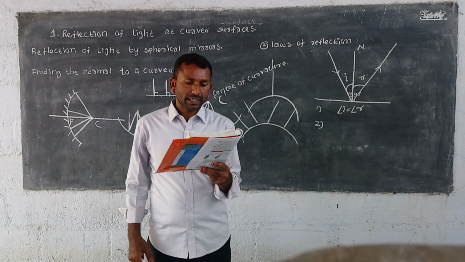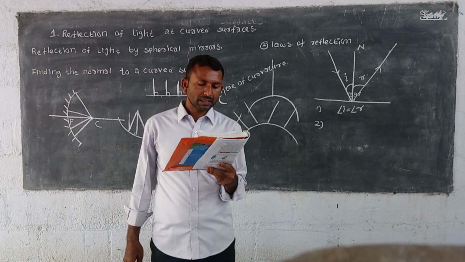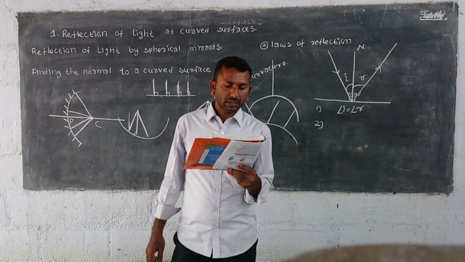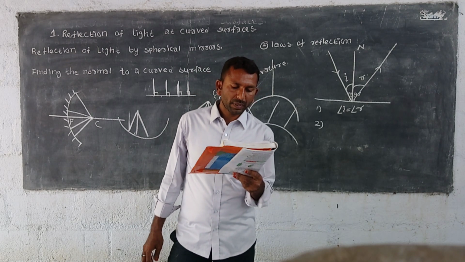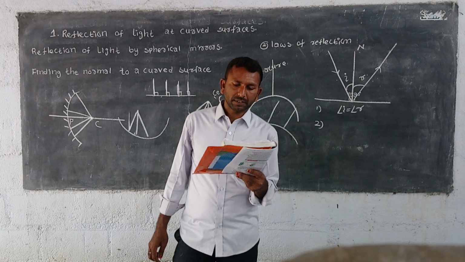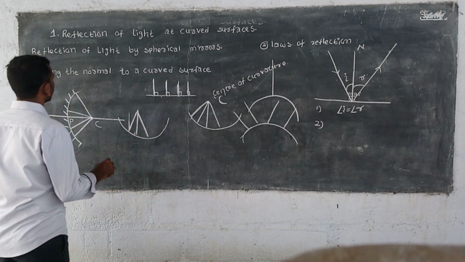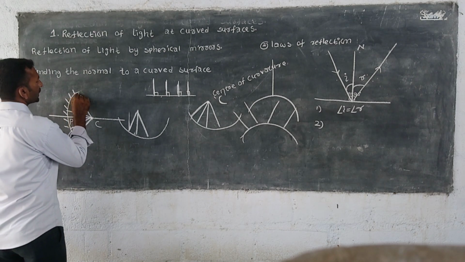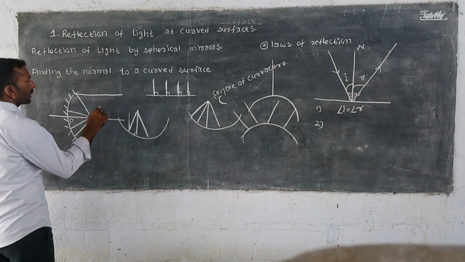For the incident ray, the incident angle is the angle it makes with the normal, as shown as I. The reflected angle is shown as R in the figure. We know this by the first law of reflection. So we can draw a line. This is an incident ray which is parallel to the principal axis.